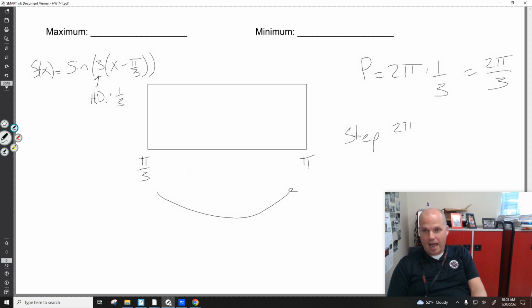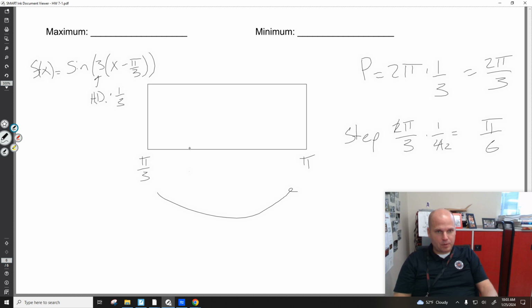If I want to step it out, which is good for this question, I got to turn this into fourths. It becomes a pi over 6 step. So each step along the way, I add pi over 6 4 times.